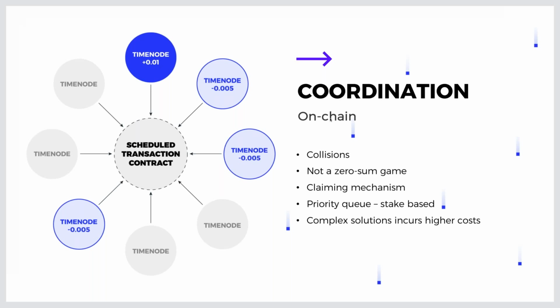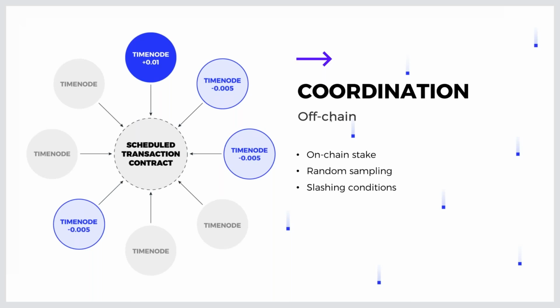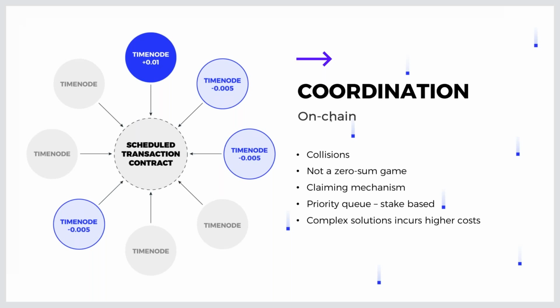So there is a need for some form of coordination, and because it's on chain, you can figure out some fancy algorithms to coordinate, but essentially that means the cost of the coordination will be too high, which kills the purpose. A good example is what we have in the Ethereum Alarm Clock.